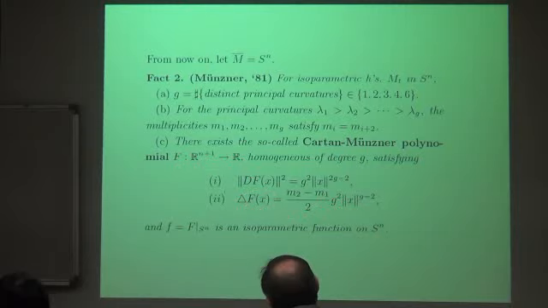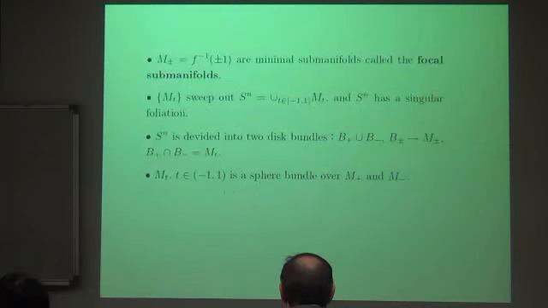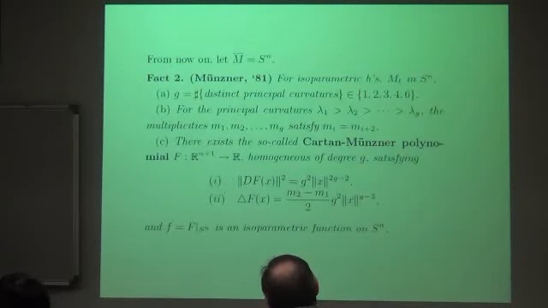Then we restrict this F to the sphere. This gives an isoparametric function on the sphere. Vice versa, if we start from an isoparametric function on the sphere, we can extend it to a homogeneous polynomial on the Euclidean space of one dimension higher. This function restricted to the sphere takes values in the interval between -1 and 1.